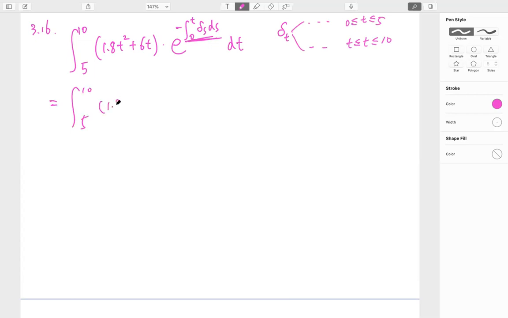So let's copy first. Okay, for the integral, I can separate. Between 0 and 5, my force of interest is, well, there are quite a lot of zeros, plus 0.03 ds.